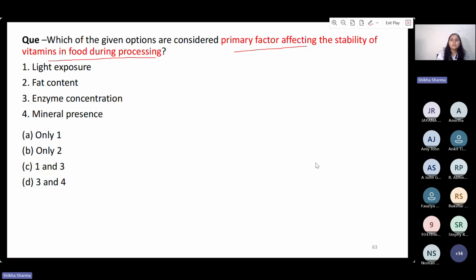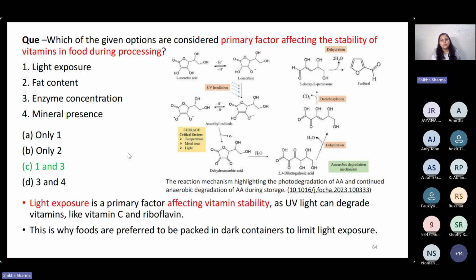Vitamin degradation or stability, which one is related to that, which is affecting the stability of vitamins. Only one. And Shivaswamy says C, 1 and 3. Okay, so let's see. C is correct here.